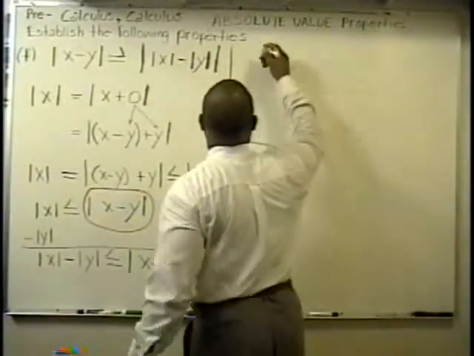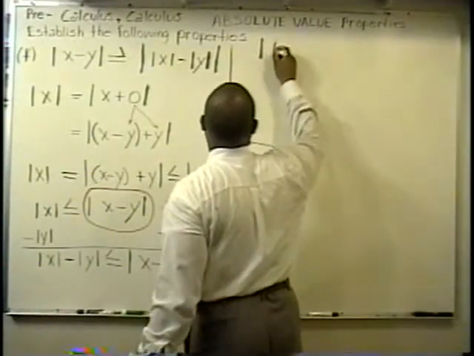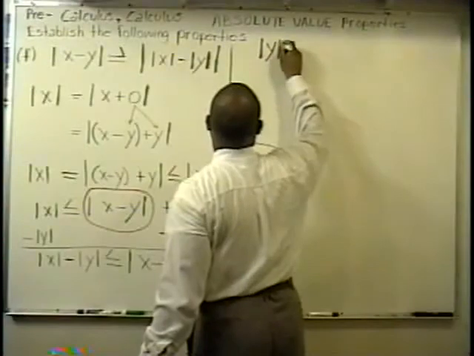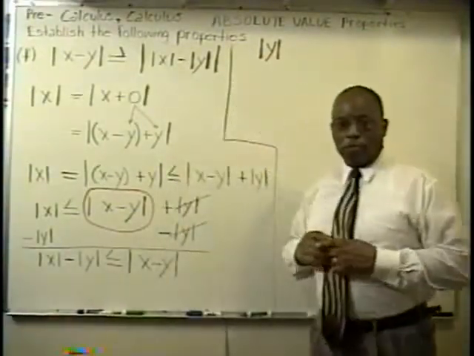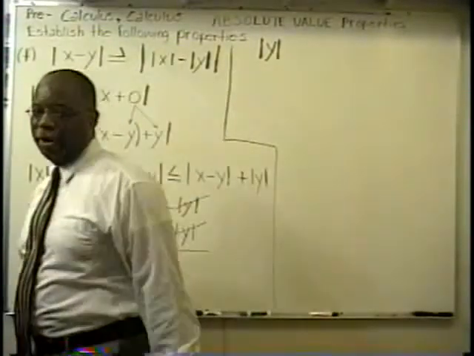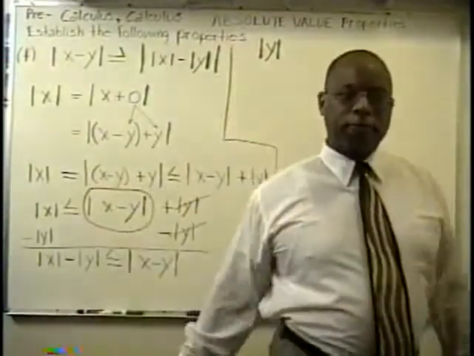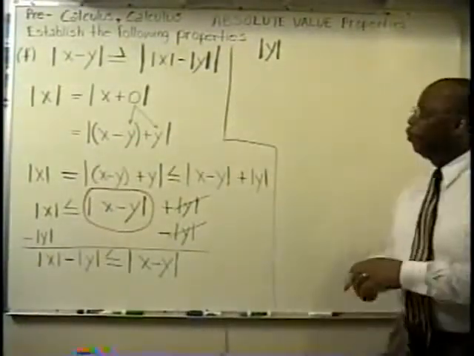Let's start that. So now I have the absolute value of y. What algebraic trick am I going to use? I need an algebraic trick. What am I going to use? What did I do over here? I need 0.